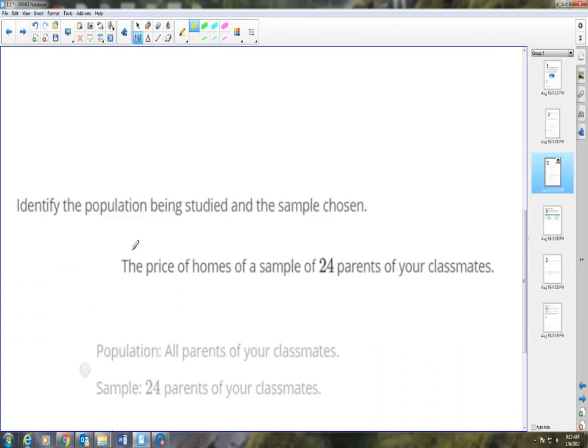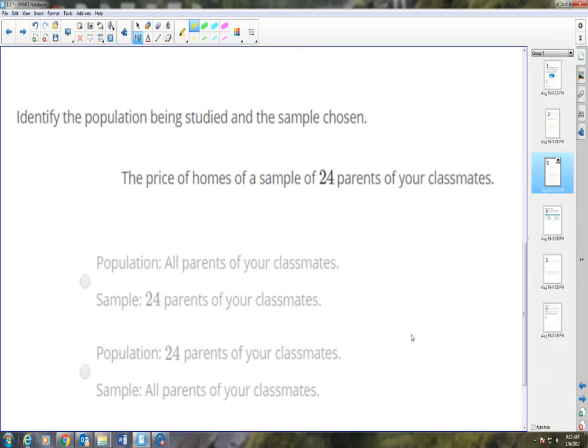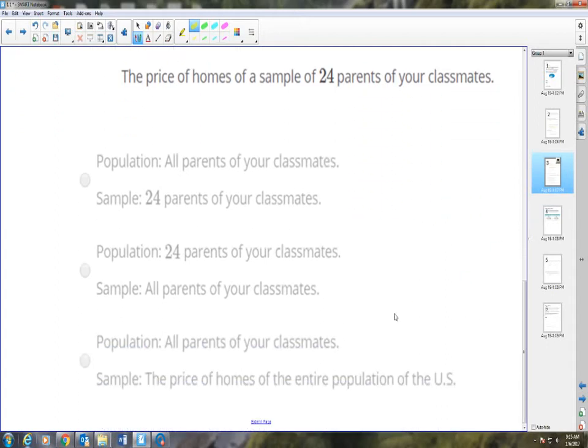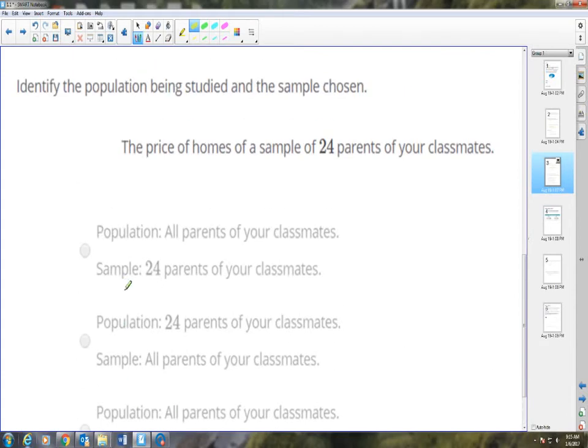Identify the population being studied and the sample chosen. The price of homes of a sample of 24 parents of your classmates. Alright. Who is the population? Who is the sample?